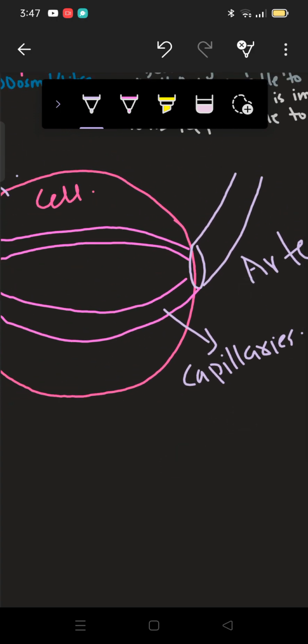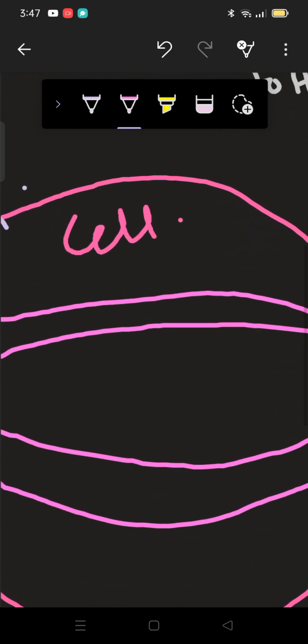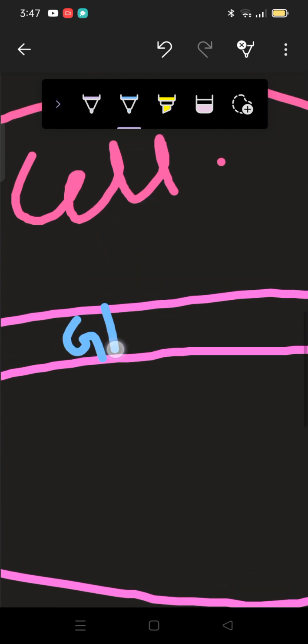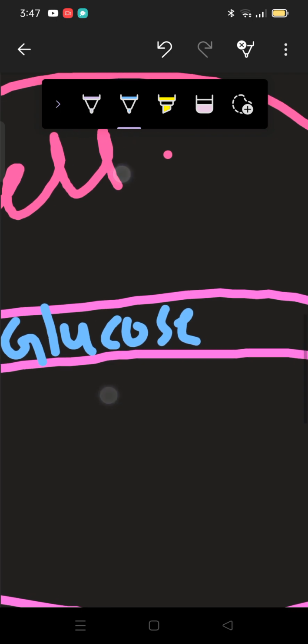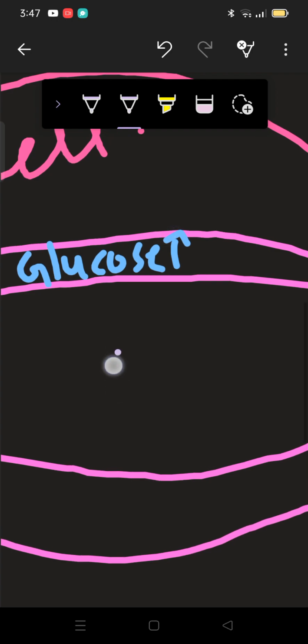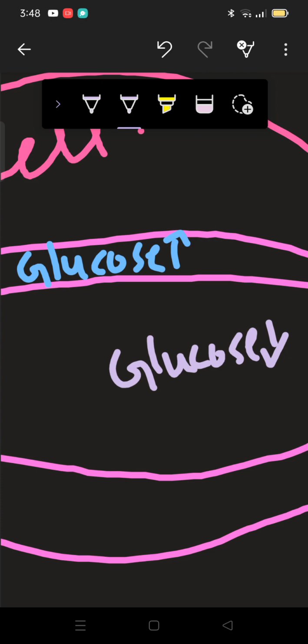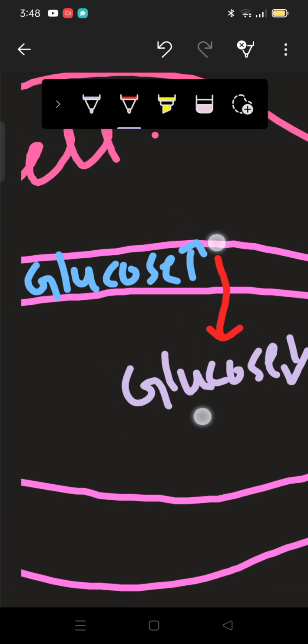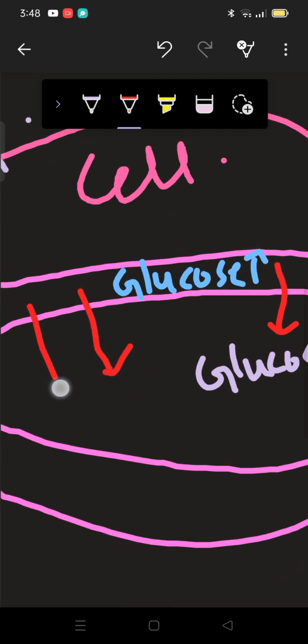Alright, so if the glucose concentration is higher in the blood and lower in the interstitial fluid, and we know that things move from higher concentration to lower concentration, then the glucose would be moving from this capillary, from the blood, to this interstitial fluid.